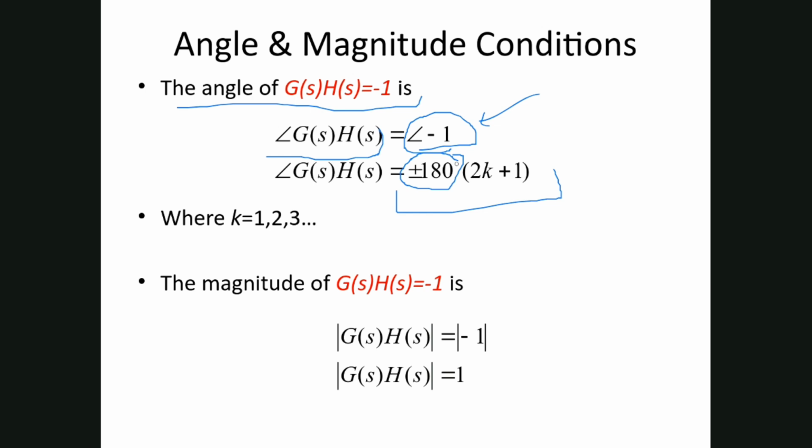So the angle is plus or minus 180 times (2k plus 1). Here k is not the gain, it is some arbitrary value; you can call it A, B, C, D, anything. If I take k as 0, 1, 2, 3, 4 and so on, this gives only odd numbers: if it is 0, it is 1; if it is 1, it is 3; if it is 2, it is 5. So 180, 180 into 3, 180 into 5, 180 into 7.